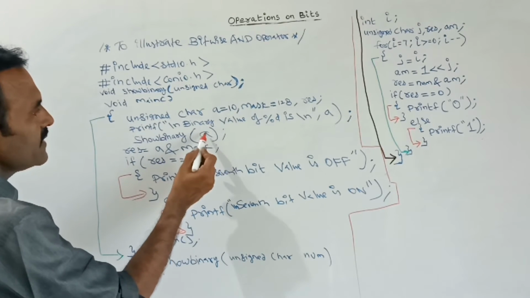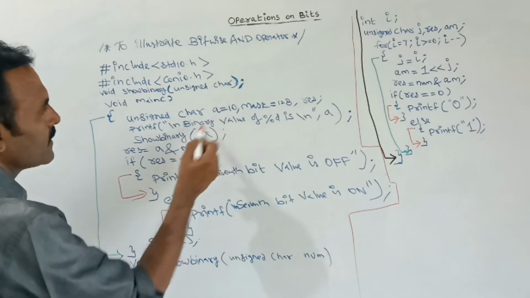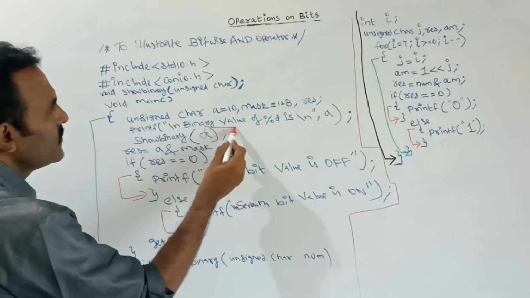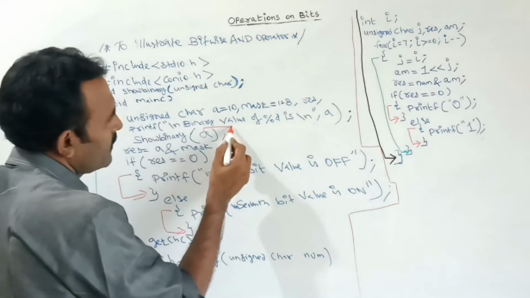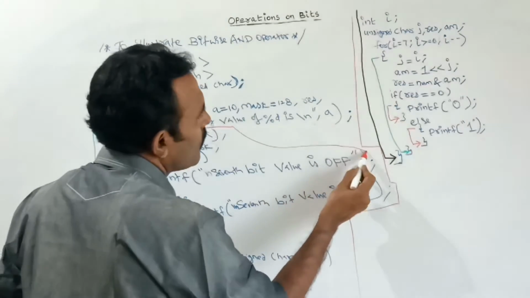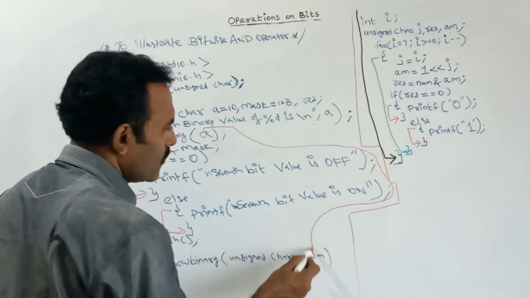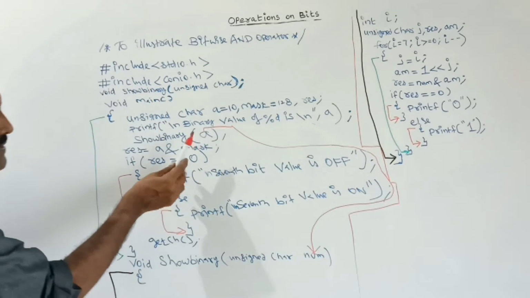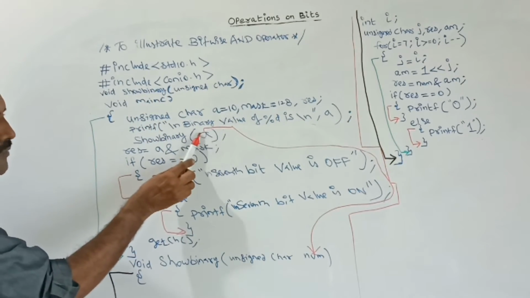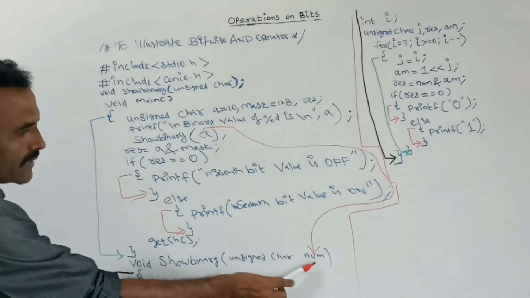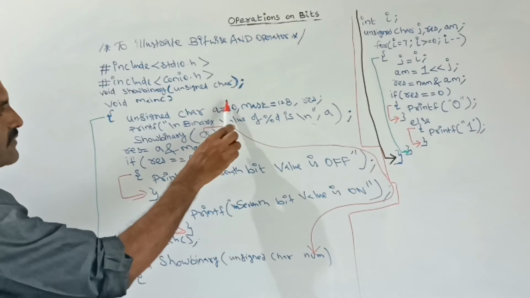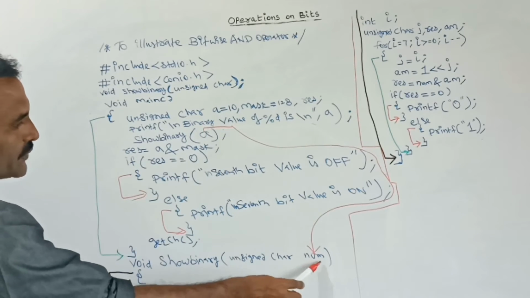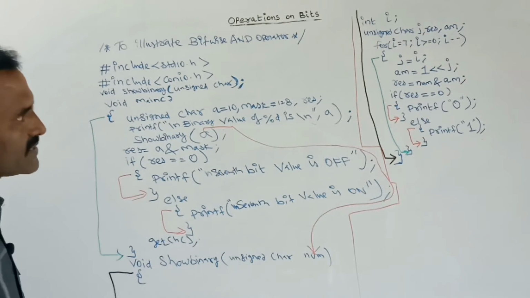Here I am passing the value of a, that is 10, to the so binary. So this a is passed or copied to this parameter, that is num. So now what is the value of num? The a value is 10, so the num value is also now 10.